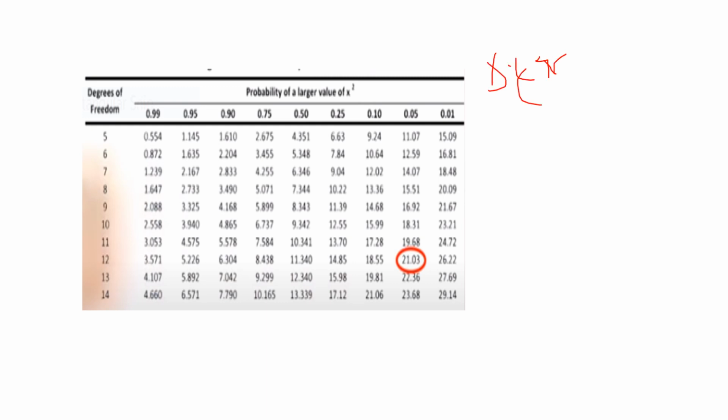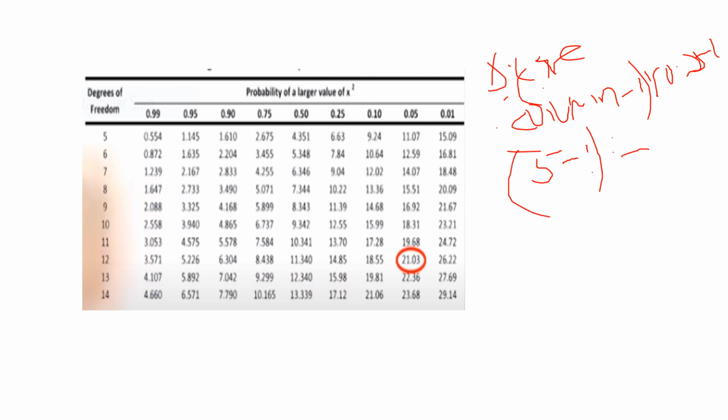The degrees of freedom is given by the columns minus 1, multiplied by the rows minus 1. In this case we have 5 columns, so 5 minus 1, and we have 4 rows, so 4 minus 1, and we multiply this, so we get 4 times 3.